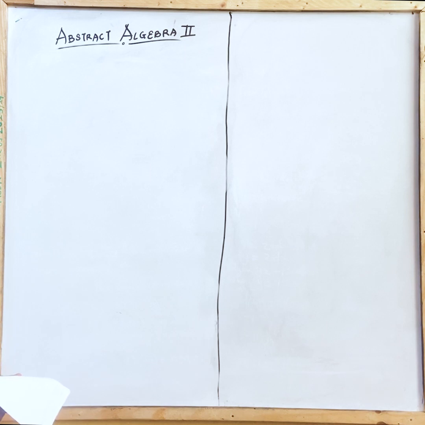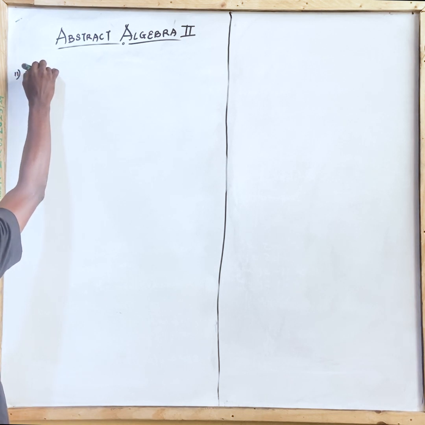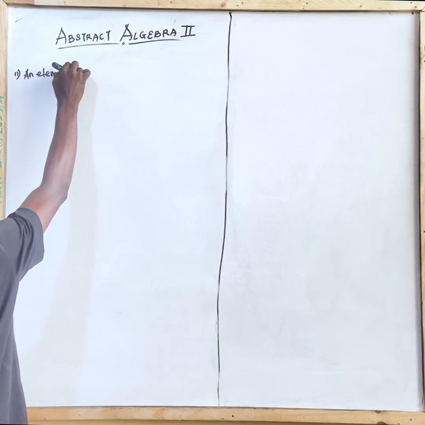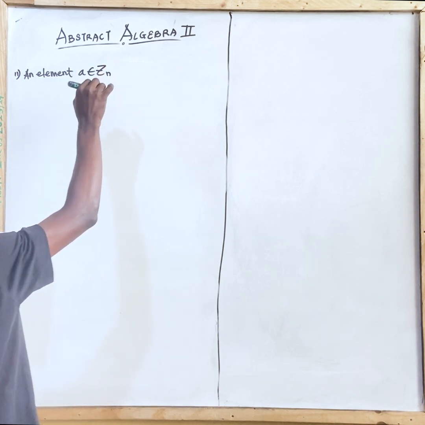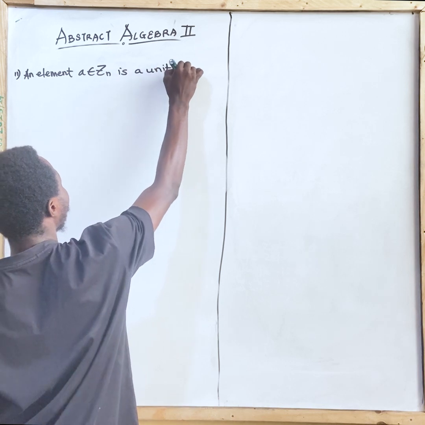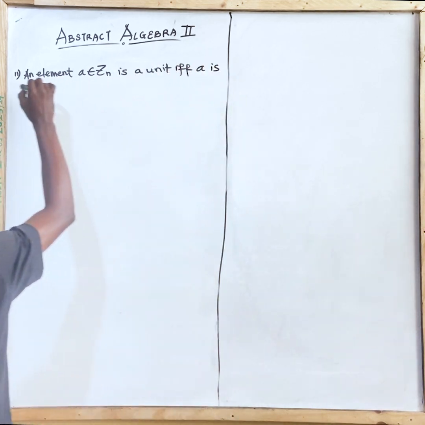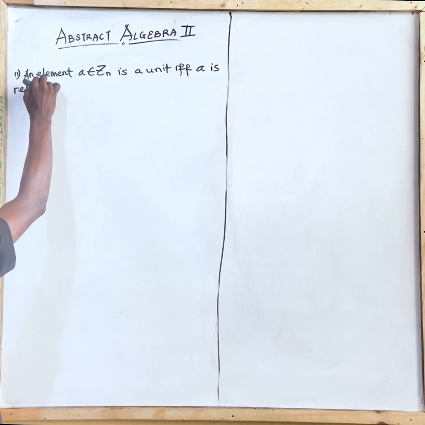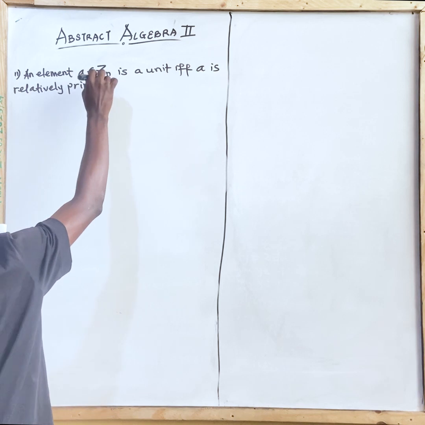So now the next thing I want to move into is: an element A in Zn is a unit if and only if A is relatively prime to n.